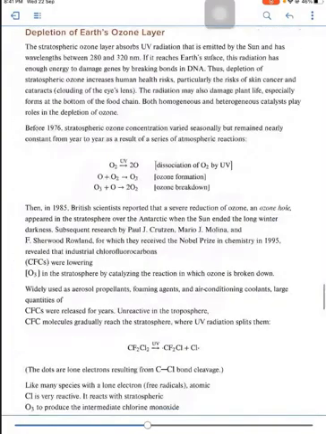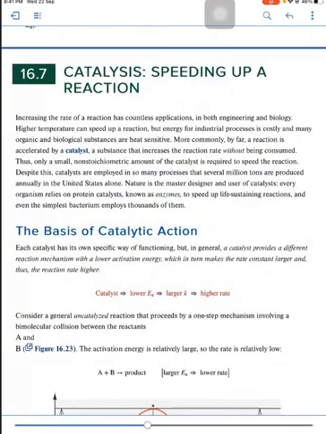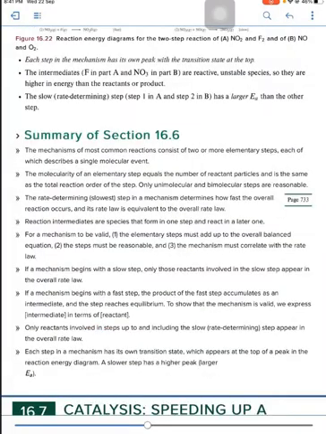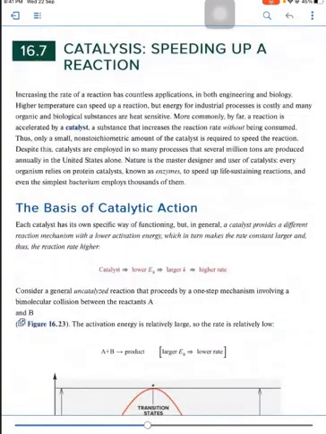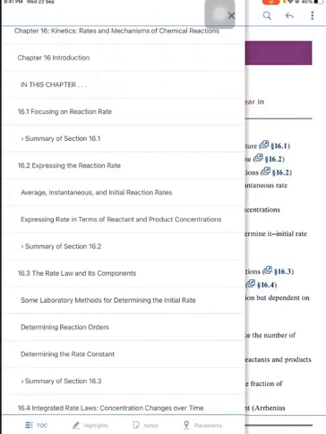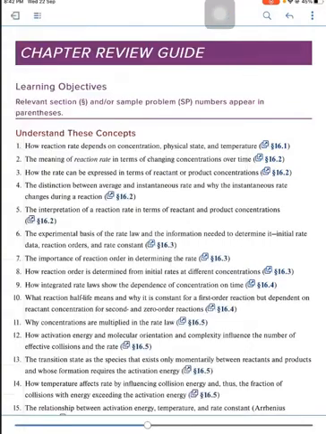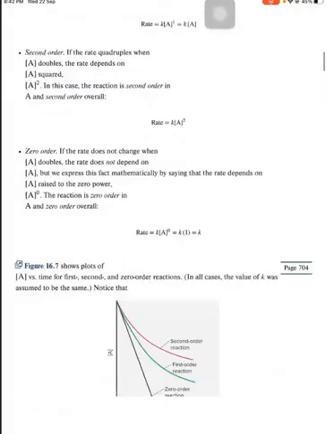Tak jumpa pula. This is ozone layer. It should be awal-awal lah. Ni dah catalyst. Sekejap, jauh pula dia pergi. I have expressing the determine direction order kat sini. Okay, so it is 16.2.